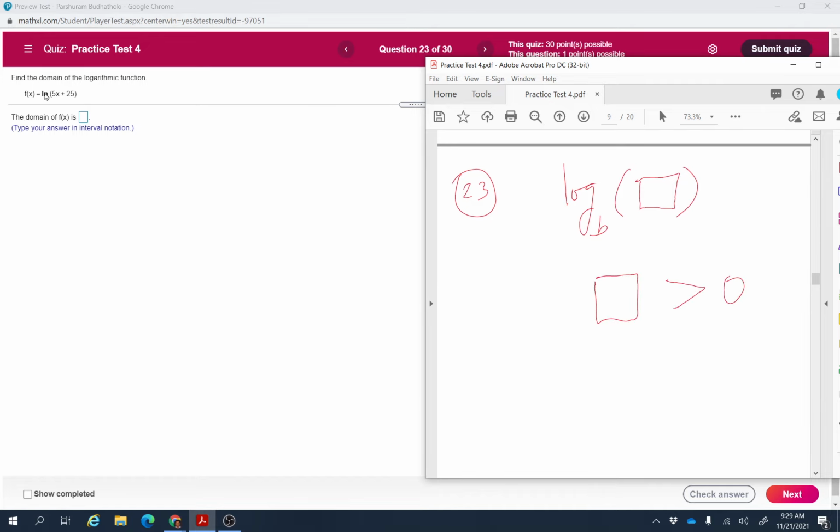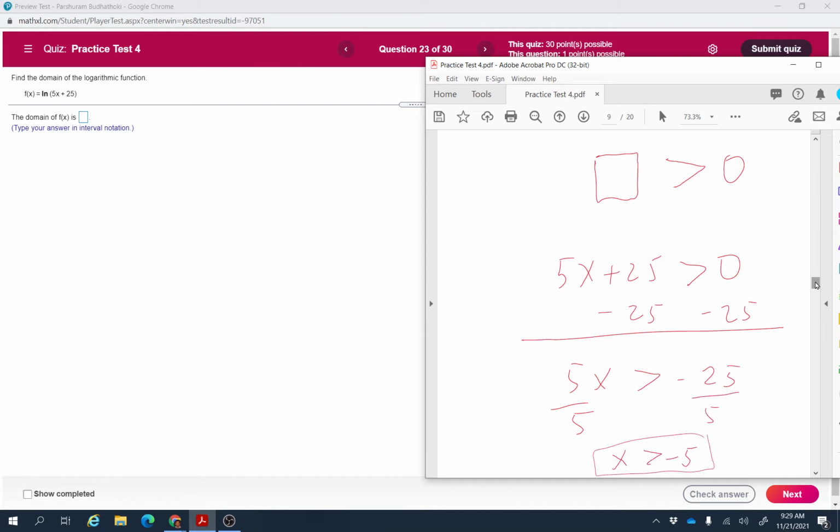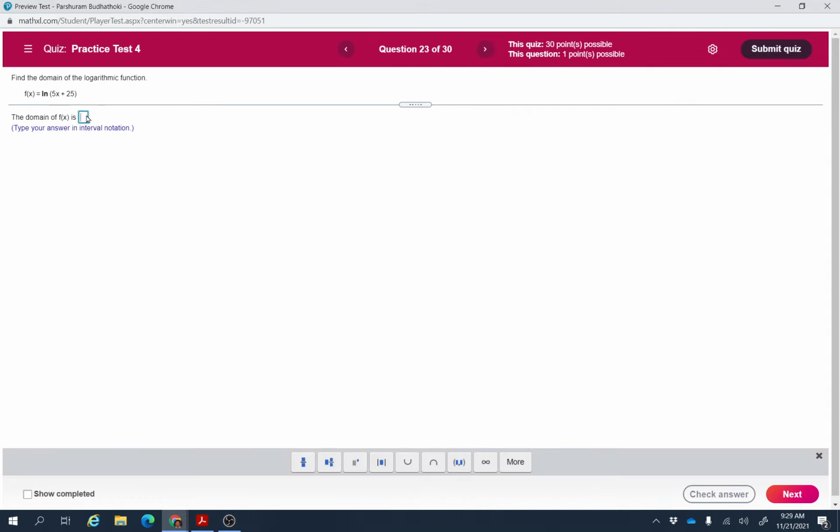In our case you have log base e of 5x plus 25, so 5x plus 25 has to be greater than 0, and by solving this inequality we should be able to find the domain. If you divide both sides by 5, x is greater than -5. So that's the domain for this function. But you need to write this domain in interval notation, so anything greater than -5 up to infinity would be your domain.